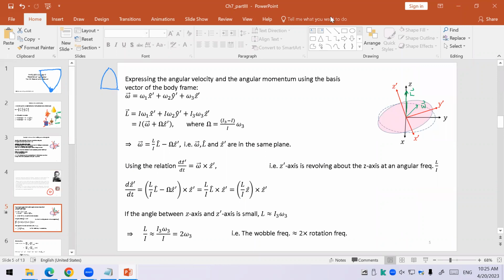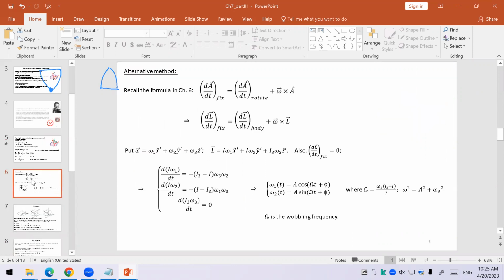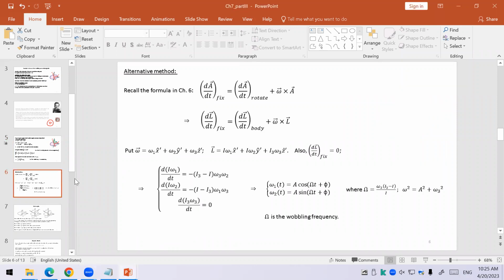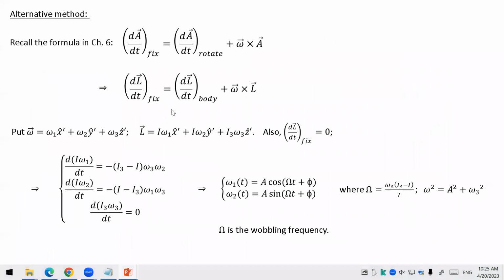Okay, so now let me also tell you the other method that is actually easier to follow. The second method for figuring out this ratio of the frequency makes use of the formula that we had from the previous chapter.